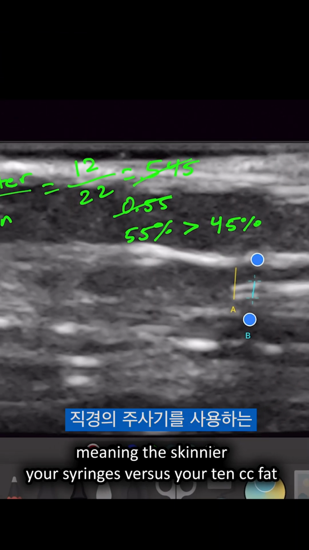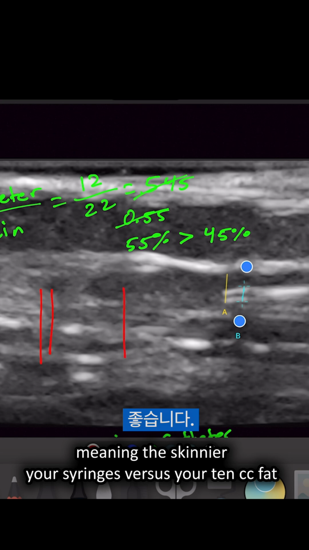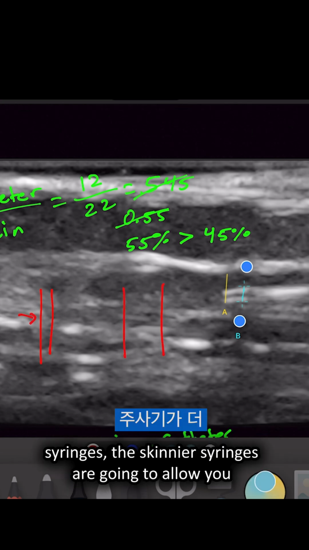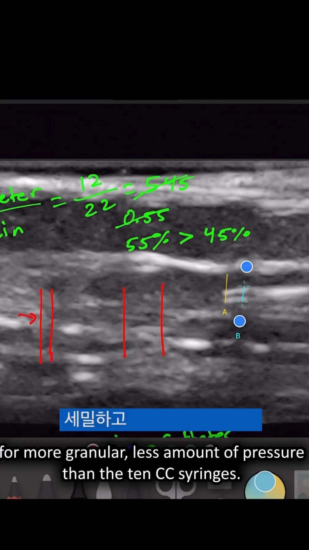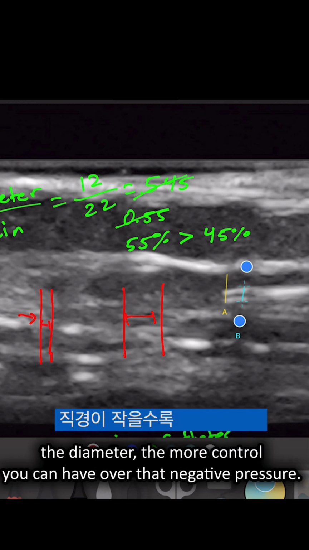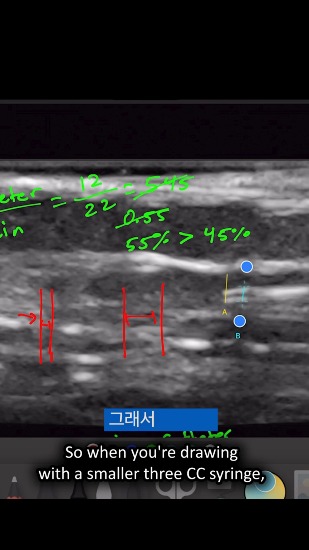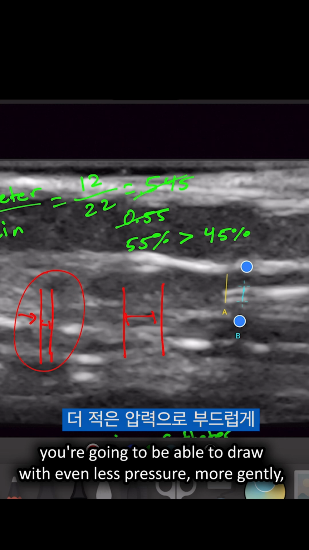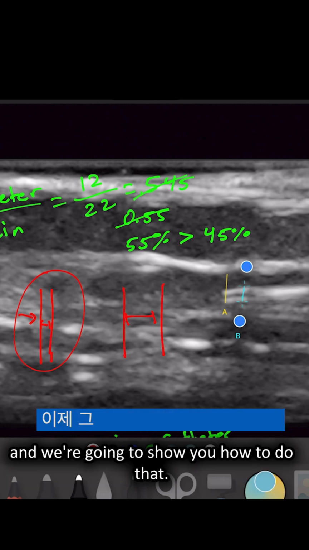Meaning, the skinnier your syringes versus your 10 cc fat syringes, the skinnier syringes are going to allow for more granular, less amount of pressure than the 10 cc syringes. The smaller the diameter, the more control you can have over that negative pressure. So when you're drawing with a smaller 3 cc syringe, you're going to be able to draw with even less pressure and more gently, and we're going to show you how to do that.